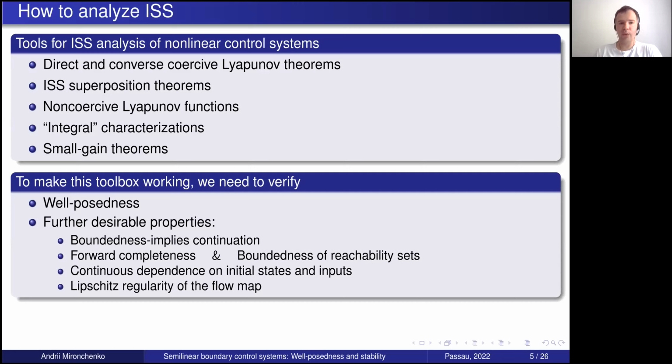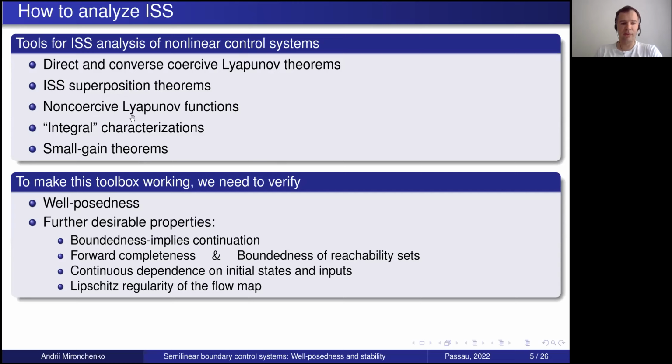For example, if we would like to apply any kind of Lyapunov arguments, then we need to have in advance that uniformly bounded solutions are global, so defined for all times. Otherwise, we cannot prolong the solutions defined on finite time intervals.